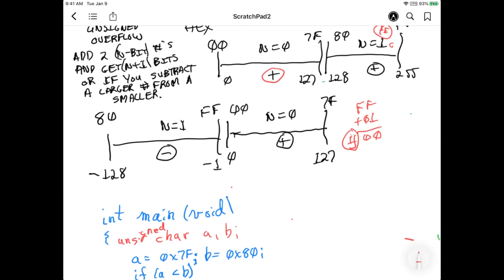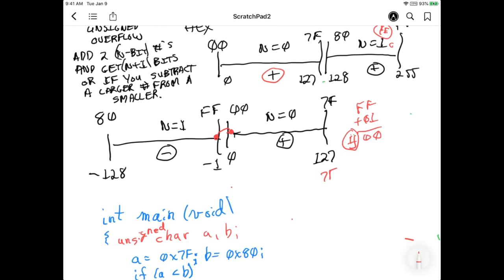But take a look: FF plus 1 is 0. So something that was a problem as an unsigned addition is not a problem for signed, because FF is -1, and -1 plus 1 is 0. Makes perfect sense.